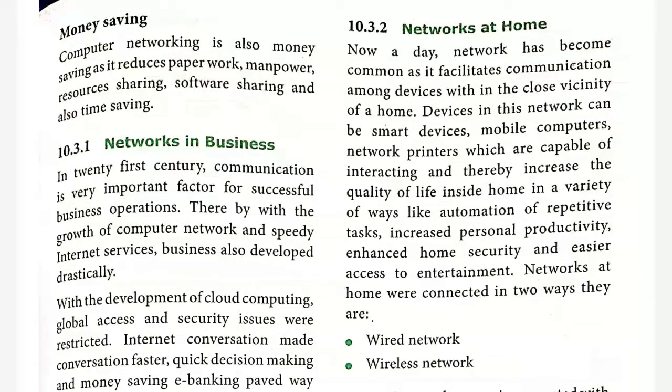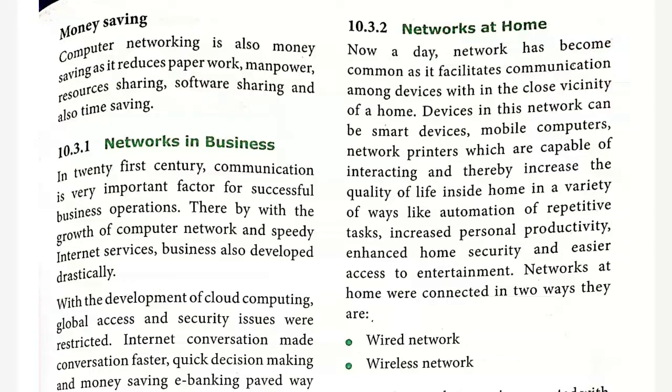So there are two types of sharing through network at home: wired network and wireless network. Not only home, this wired and wireless network can be used anywhere where there is a network.